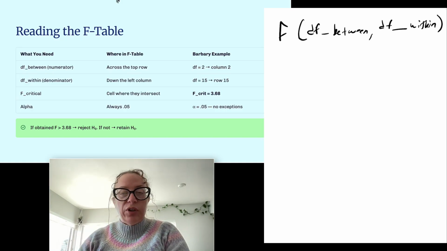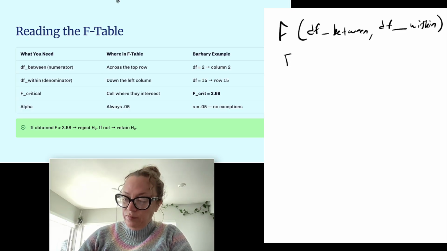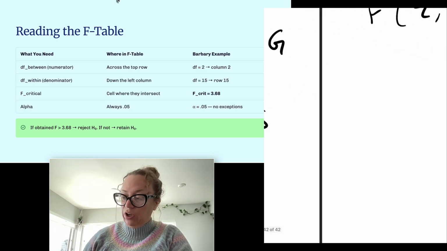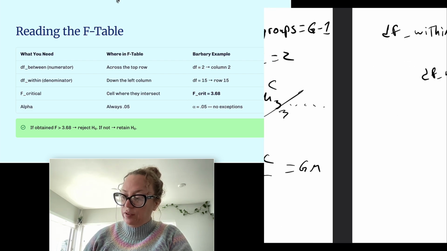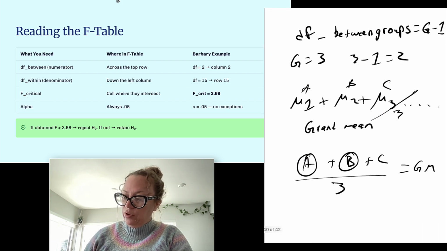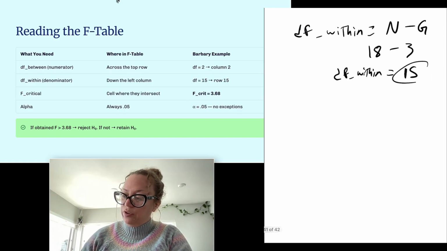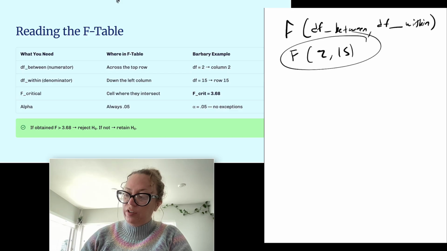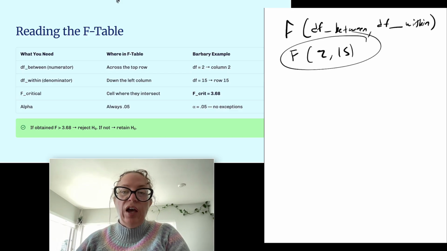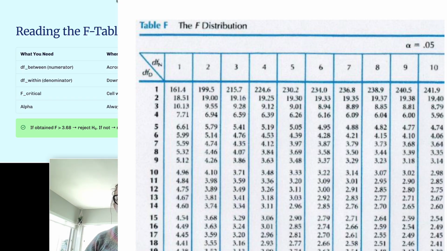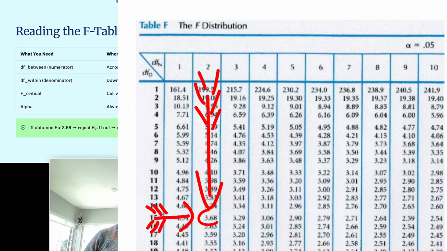So for our Barbary example, F of 2 and 15, that's what we just calculated, right? You remember all that? Okay. So this is degrees of freedom between groups, degrees of freedom within groups. So this is how we would write it out. So in the F table, go to column 2 and go down to the row 15 and read the value in that cell.